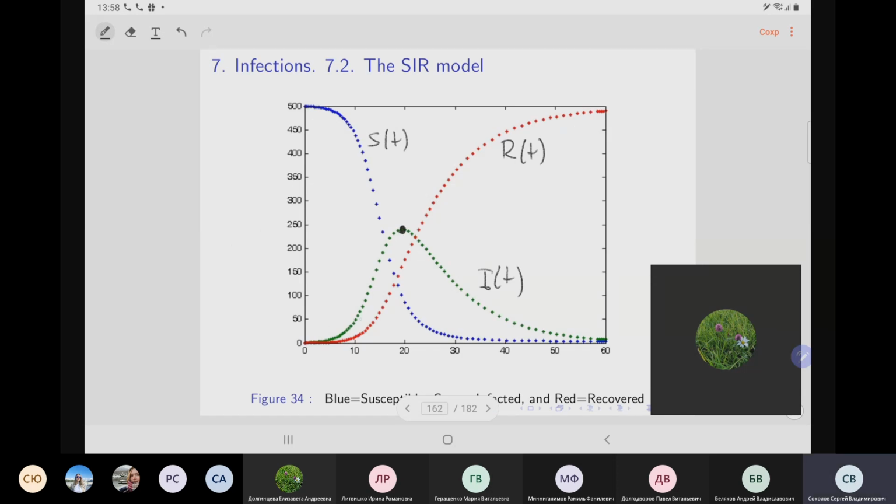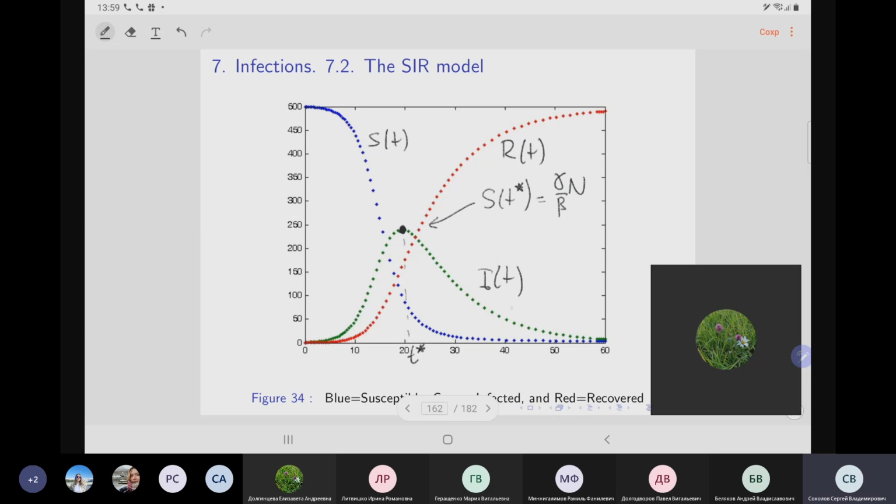We see that I is growing up to some moment. At that moment, which is our time t-star, S is gamma N divided by beta.